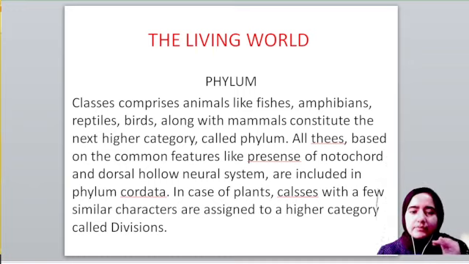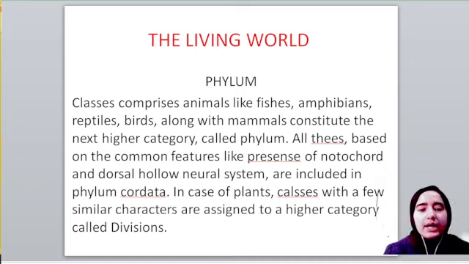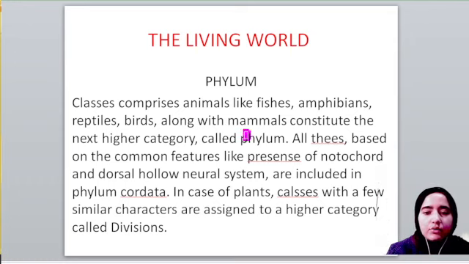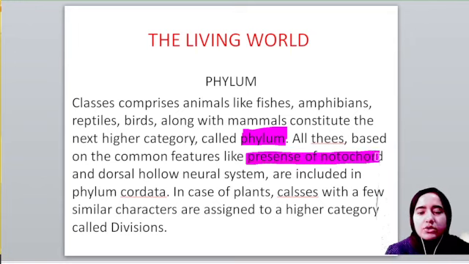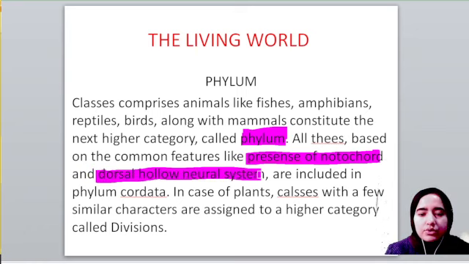Along with mammals they constitute the next higher category known as phylum, okay. All these are based on common features like the presence of notochord and dorsal hollow neural system. They are included in phylum Chordata.